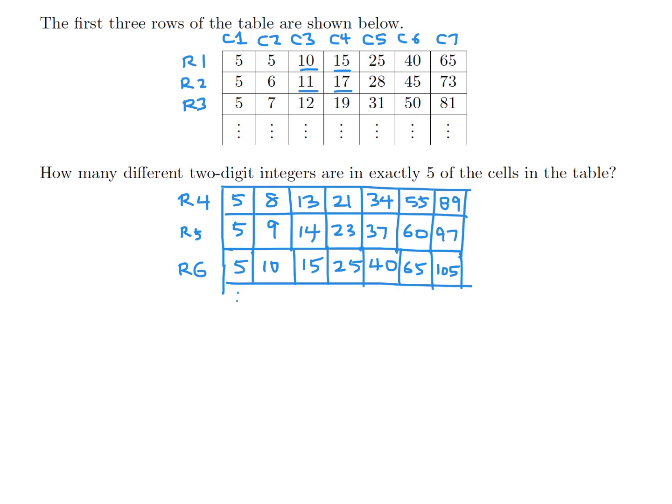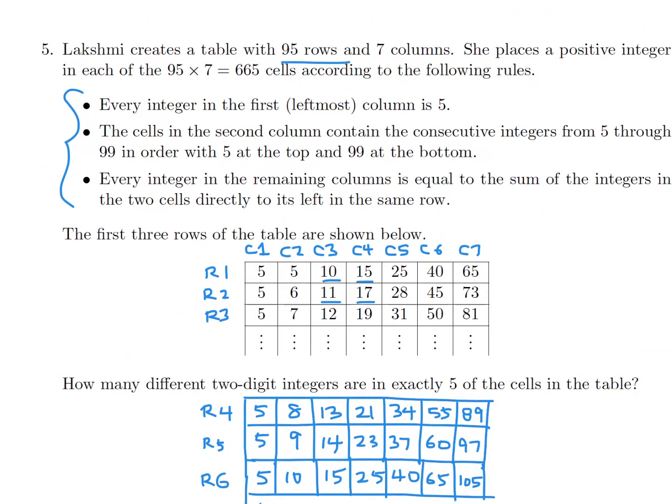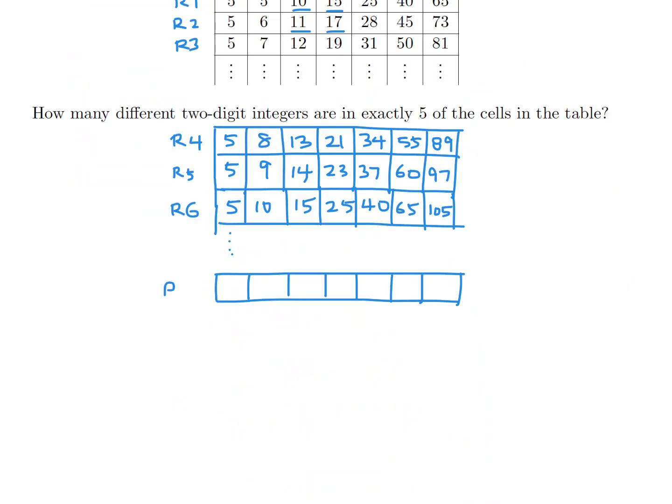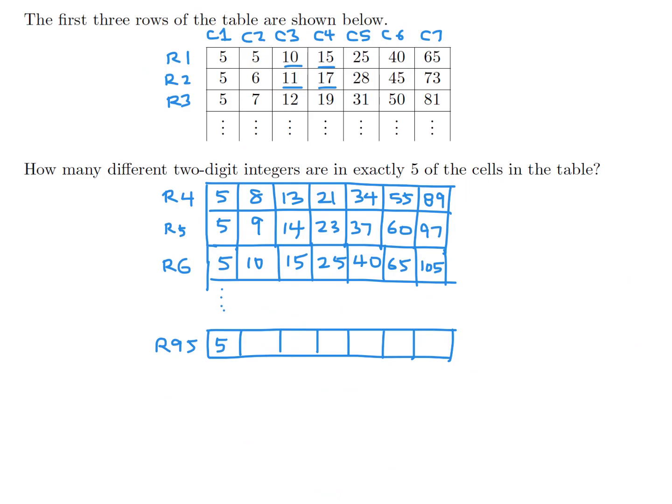And then eventually, you'll get to the very last row. And the very last row, what will it be? 95 rows, right? Is it 95 rows? Yeah, 95 rows. So that will be row 95. And these are all 5s.